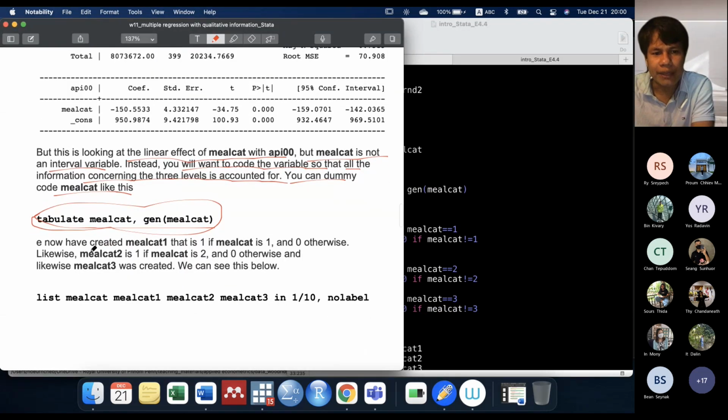Now we have created Meerkat 1, which is 1 if meerkat is 1, 0 otherwise, meaning Meerkat 1 represents 1 if the school has students between 0 to 46. Likewise, Meerkat 2 is 1 if meerkat is 2, meaning the school has about 47 to 80 students, 0 otherwise, and likewise Meerkat 3 was created.